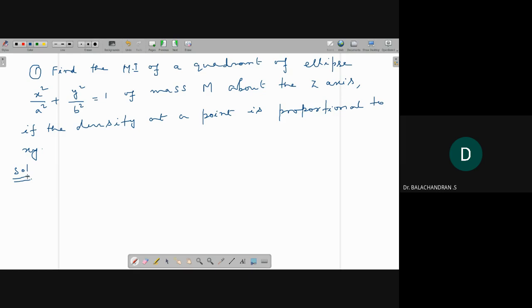Solution. So here we need to find the moment of inertia about z-axis. Of a quadrant, it is not given exactly which quadrant, so you can take any quadrant. So I will take the positive quadrant for my convenience.